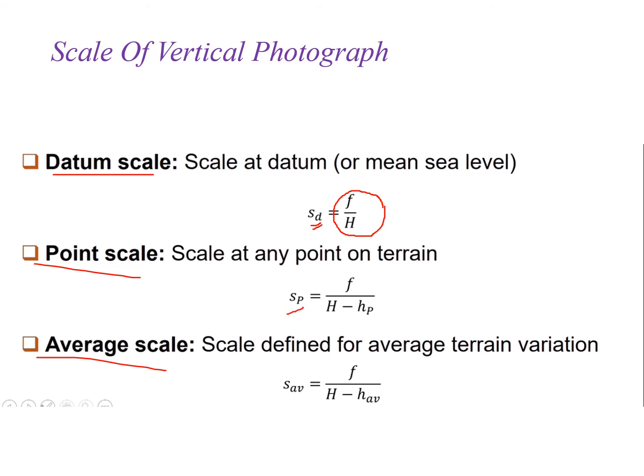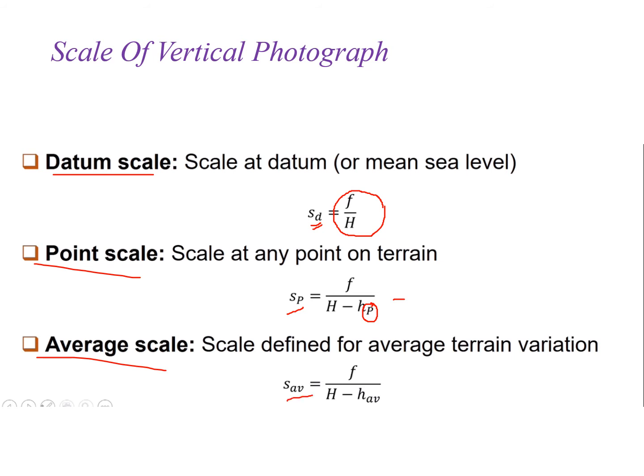We express point scale as S suffix P. This can be considered for any particular point, but you know that there are many points, so the point scale is not the same for all the points. As the point height changes, we get a different scale for different points. And the third one is the average scale.